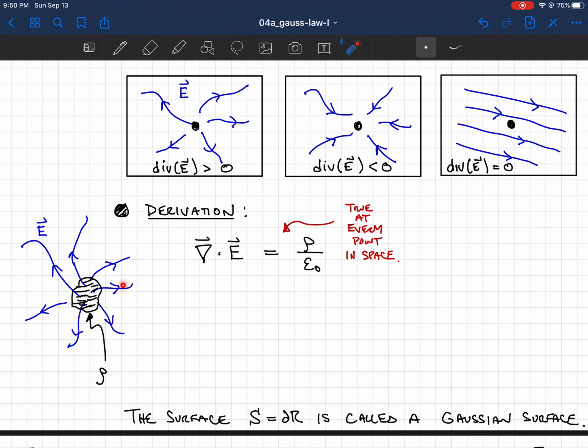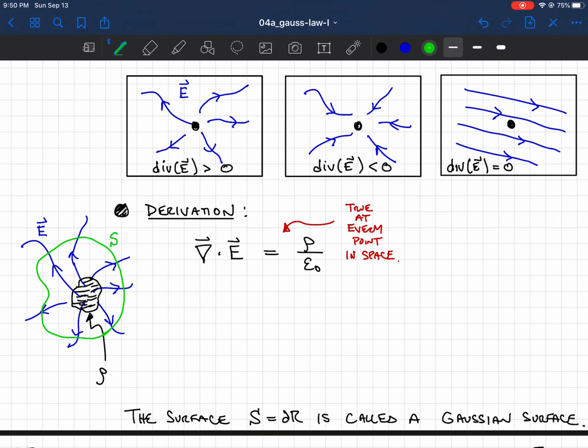So if we look at a picture like this, what we're actually going to do is move from a single point in space to a larger region of space. The way that we do that is we draw a little surface, and that surface will be called the Gaussian surface.